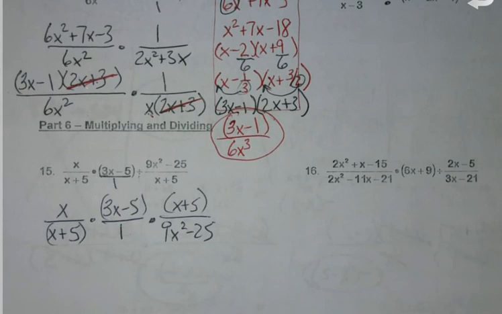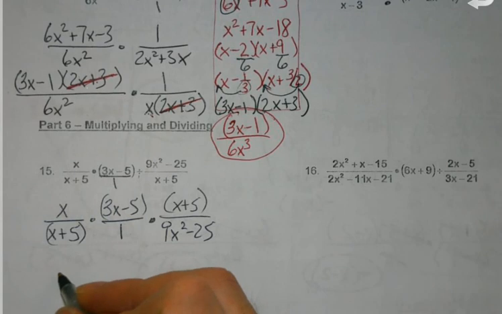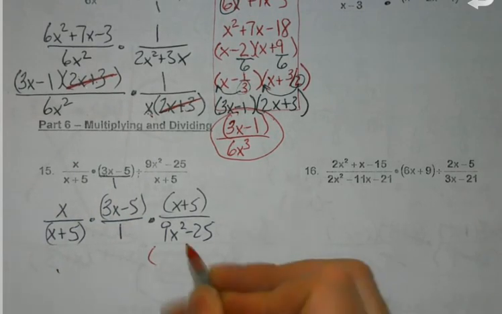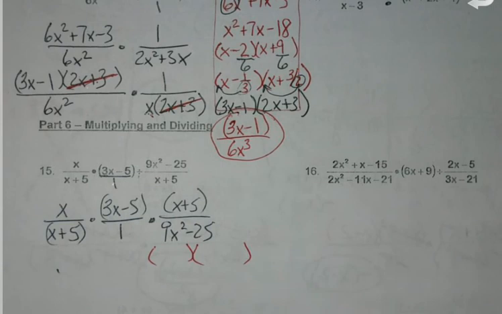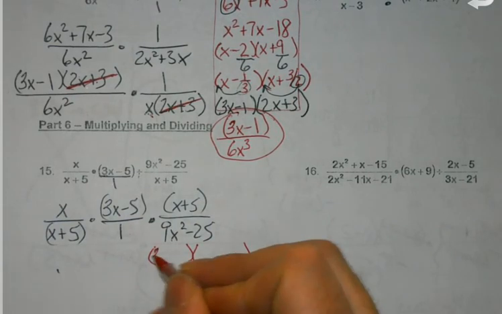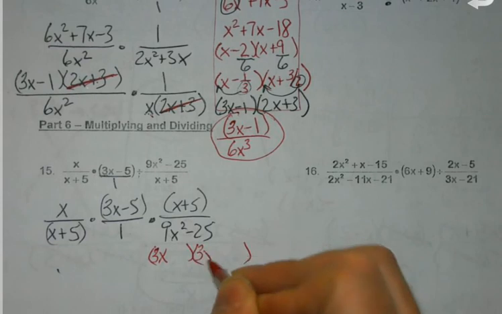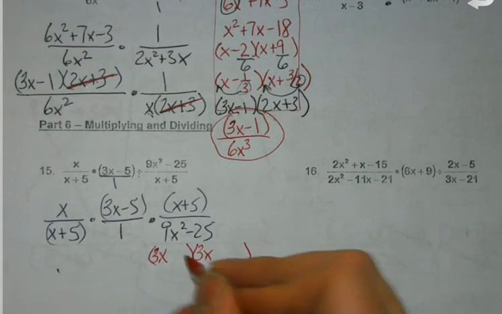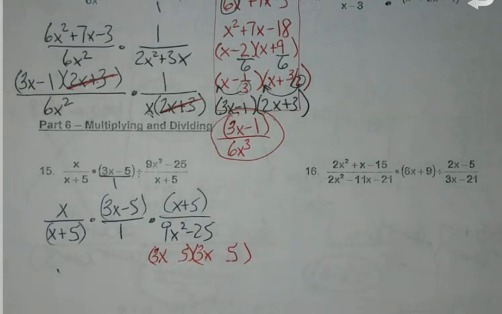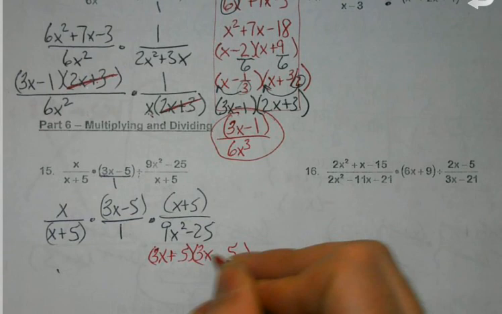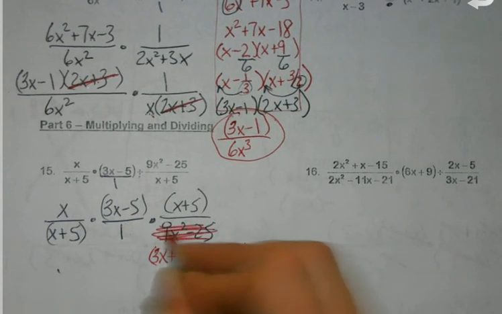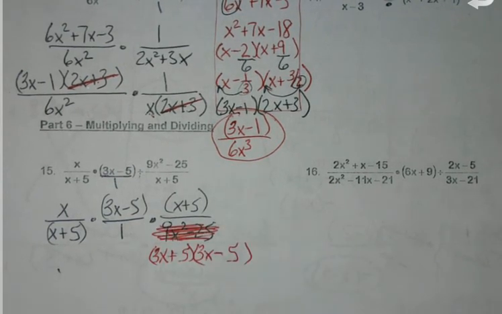Here's one nice thing about 15. I only got one little piece that needs to be factored. So 9x squared minus 25. What's it going to look like? 3x times 3x gets me to 9x squared. 5 and 5 gets me to 25. And it's plus minus.